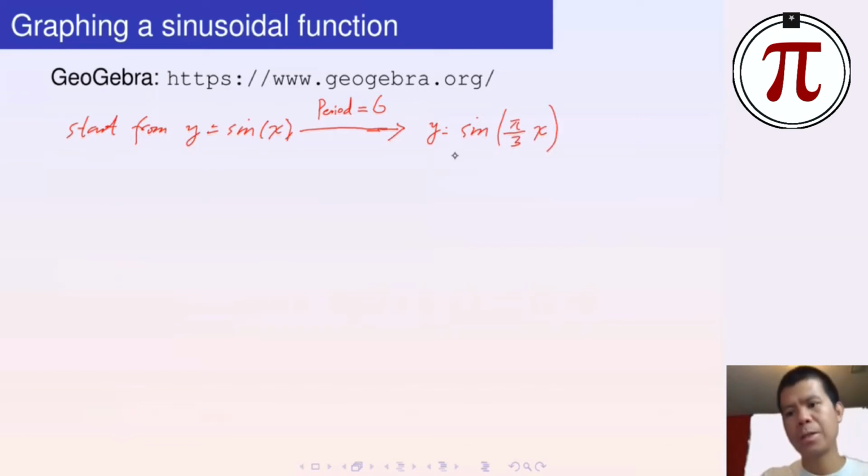This is our first step, because the period became 6. After adjusting for the period, we have a function like this one. Does that make sense?